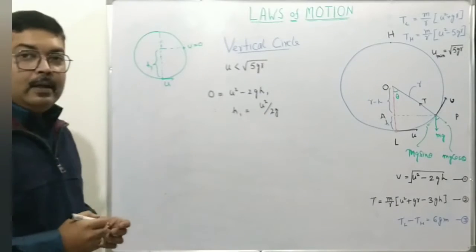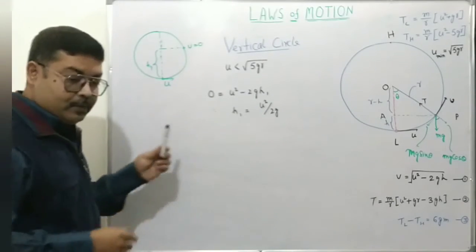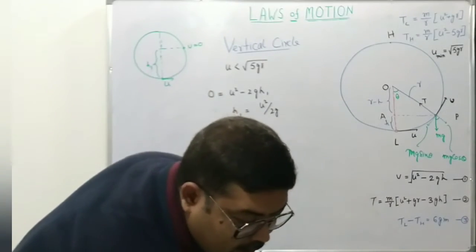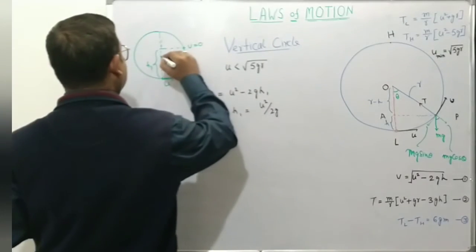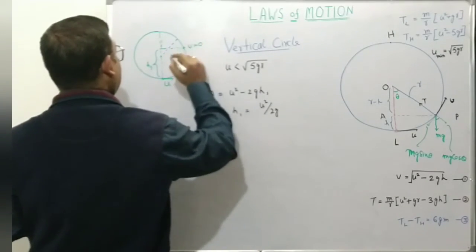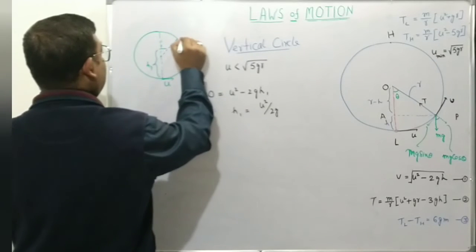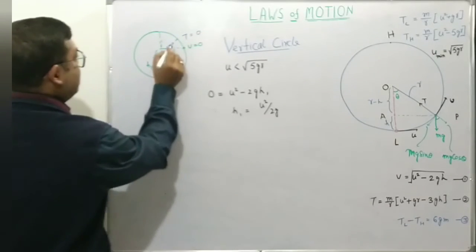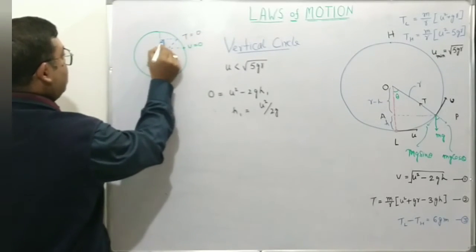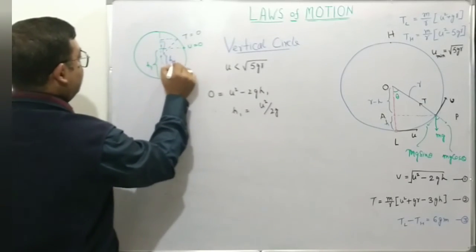Also, let's say the object loses the entire tension in the string, say at this point T becomes equal to 0. Let's call this height h2.